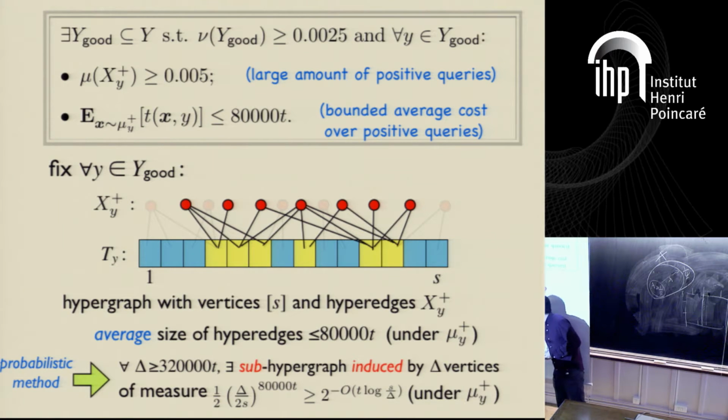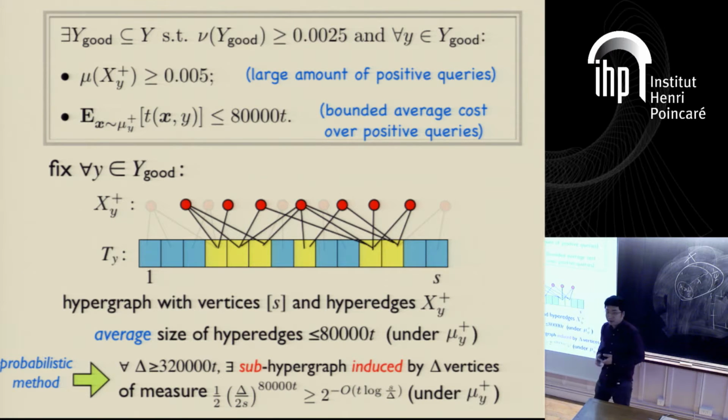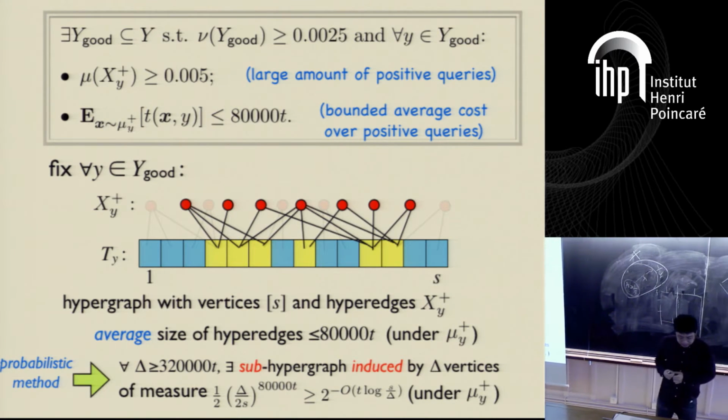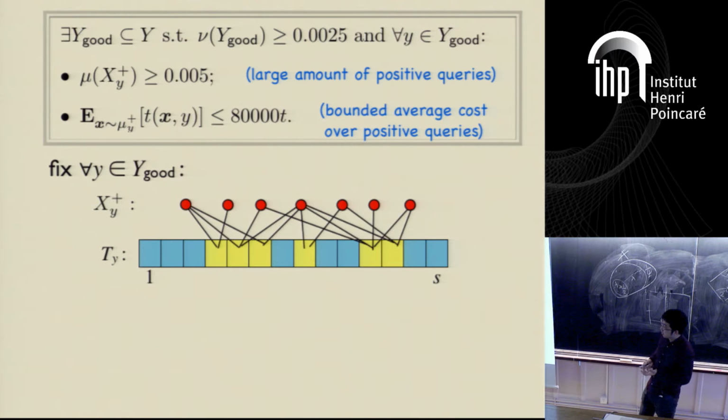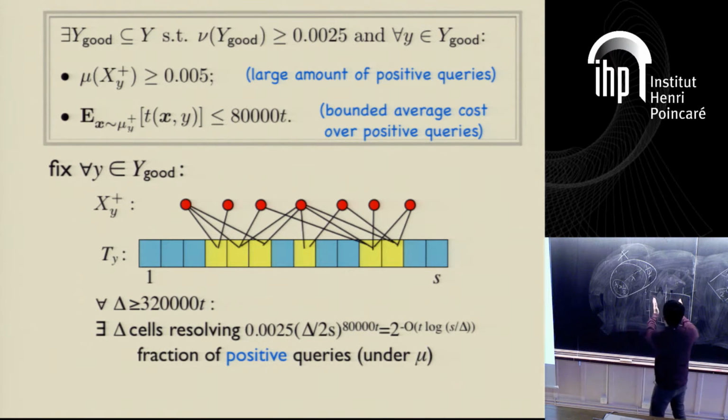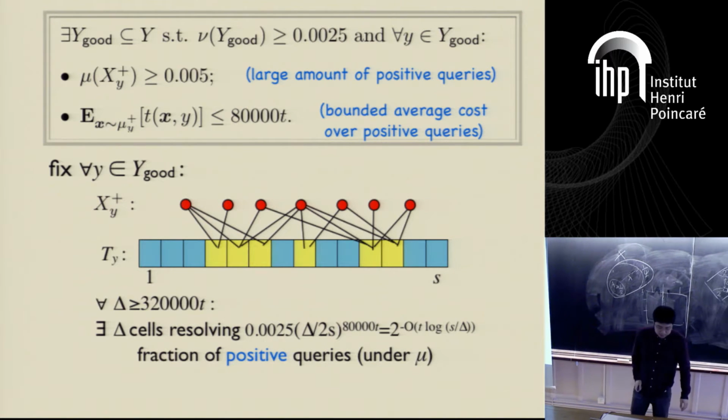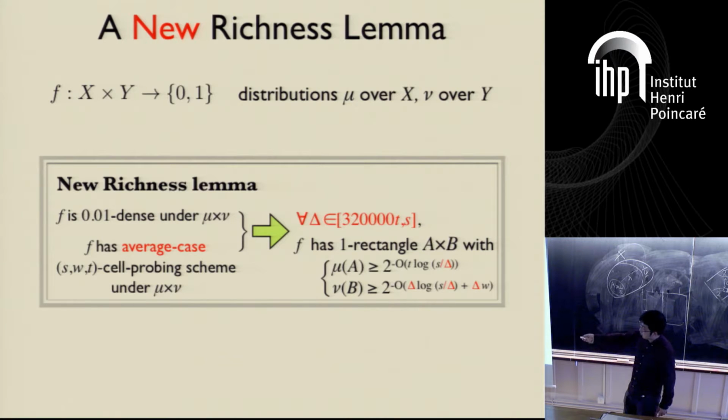We can imagine that we sample the vertices with this rate, and since the average number of vertices involved in a hyperedge is bounded by this, it's natural to expect we have this many hyperedges sampled in expectation. So this pretty much proves our claim that we have a constant fraction of good databases, where every good database has a subset of very useful cells that can resolve many queries. So the rest of the proof just follows as I mentioned. That gives us the richness lemma of this form.